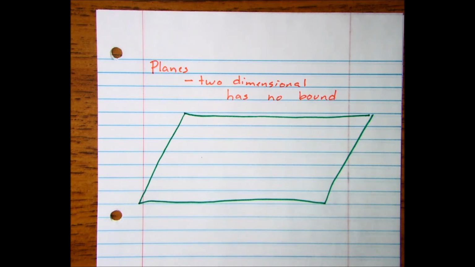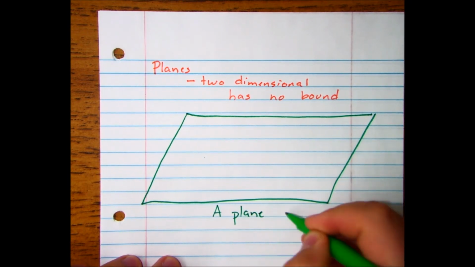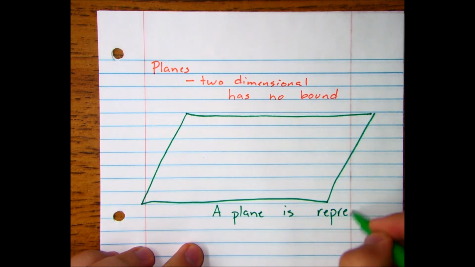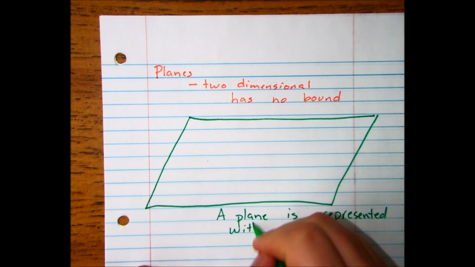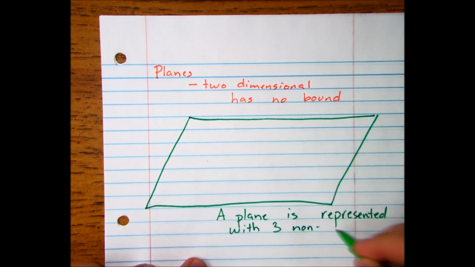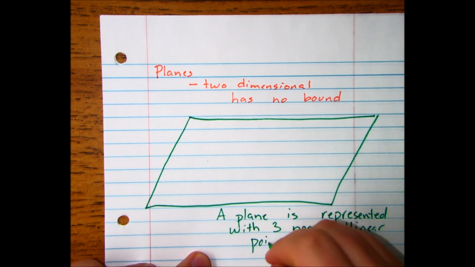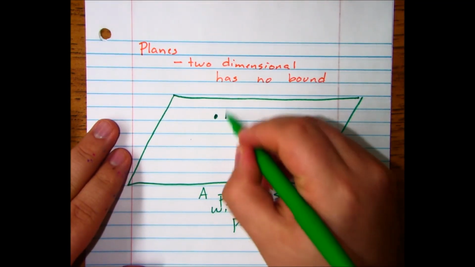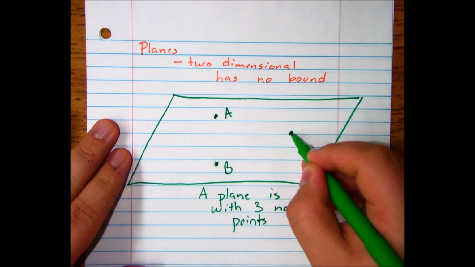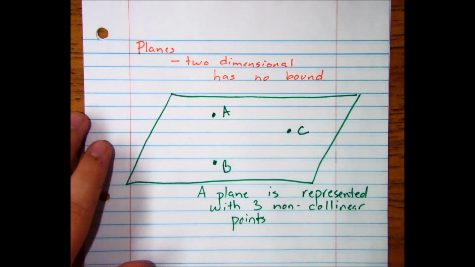And we represent a plane with three non-collinear points. Now these points can be anywhere on the plane. And remember, we name a point with a capital letter.